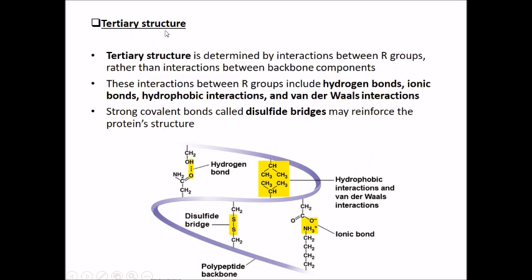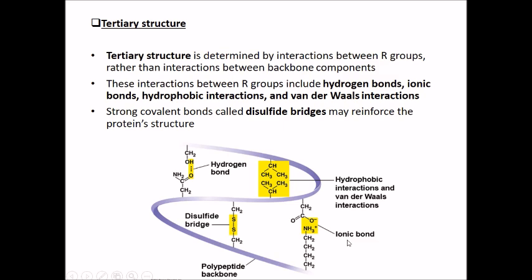Meanwhile, tertiary structure is caused by the interaction between the side chain or the R group of one amino acid and the R group or side chain of another amino acid. Either by hydrogen bond, disulfide bridge, hydrophobic interactions, or van der Waals interaction, and it can also be caused by the ionic bond.